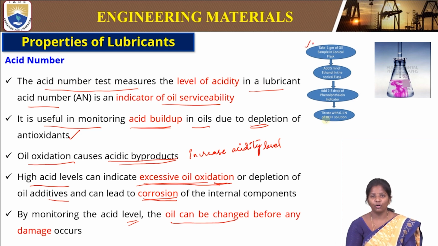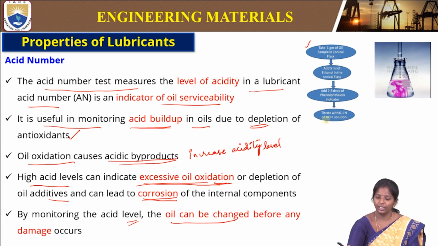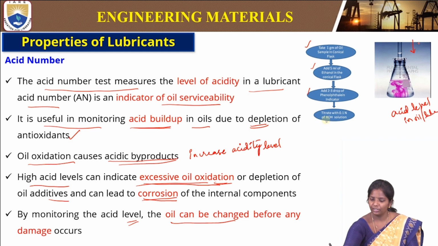Take 1 gram of oil sample of the lubricant, then add 5 ml of ethanol in a conical flask, add 2 to 3 drops of phenolphthalein indicator and titrate against KOH. We are determining the acid level in the oil or lubricant, so we have to titrate with a base, nothing but 0.1 normal KOH.